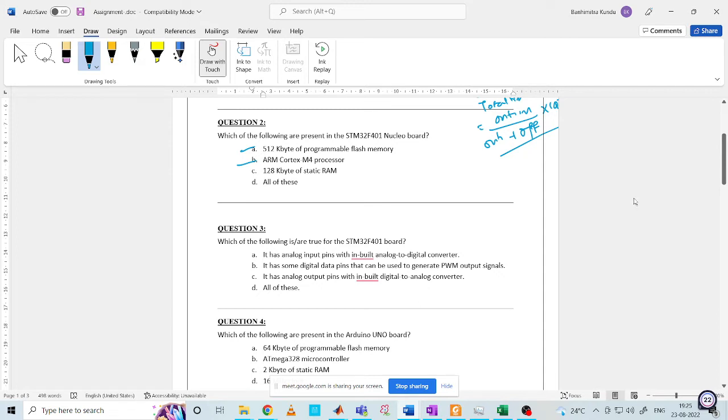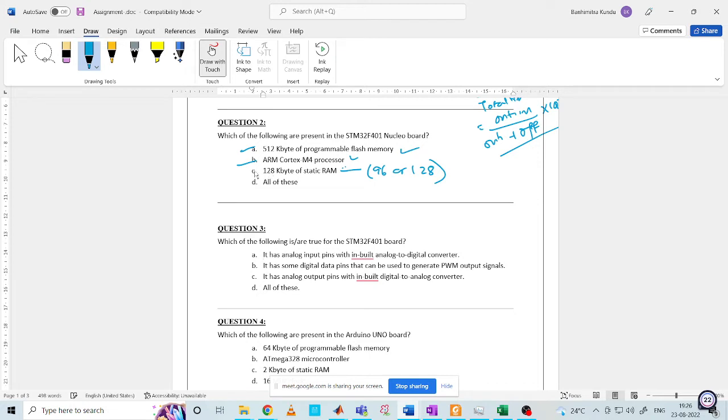Option third will also be correct, I think, sir. I think it has less SRAM, no? 128 KB? 196 KB? 512 KB. No, 512 KB is correct. Is SRAM 96 or 128? 96, sir.